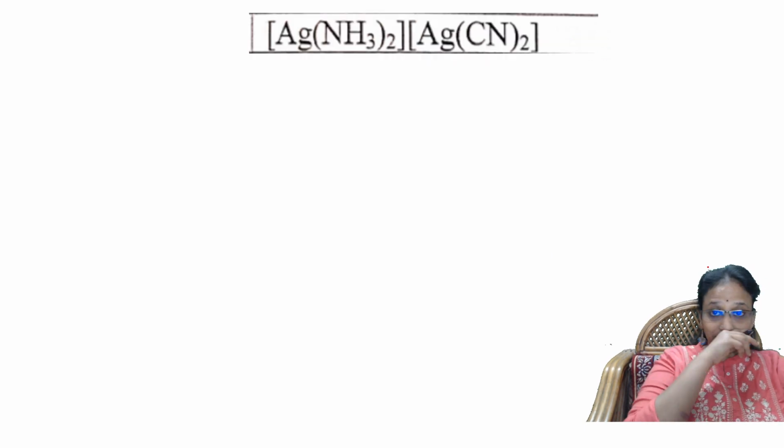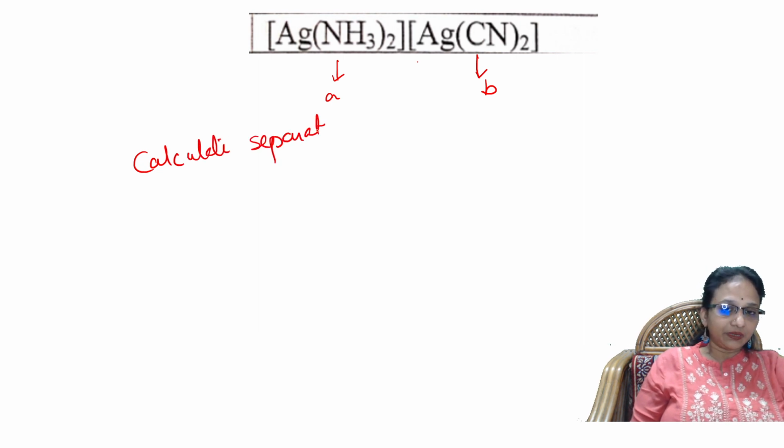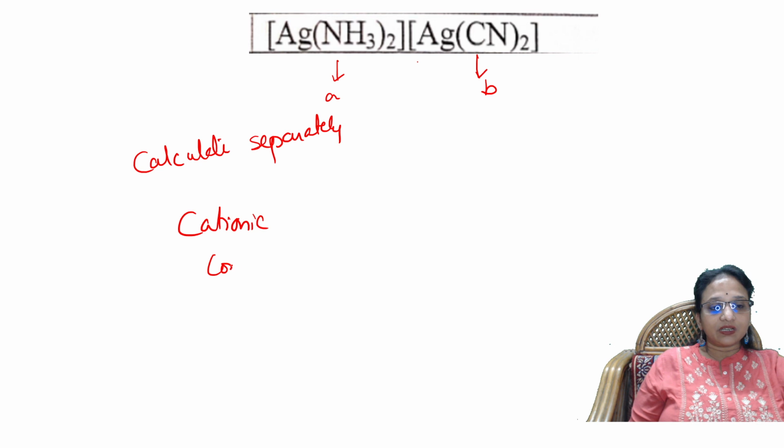Let's see one more. There are two different complexes. This is complex A, this is complex B. So what you should do, calculate separately for both. Separately. So one is cationic ligand, this cationic complex. So check the first one, students. First complex, this one, what is it?